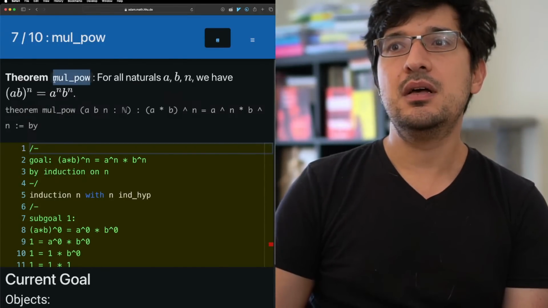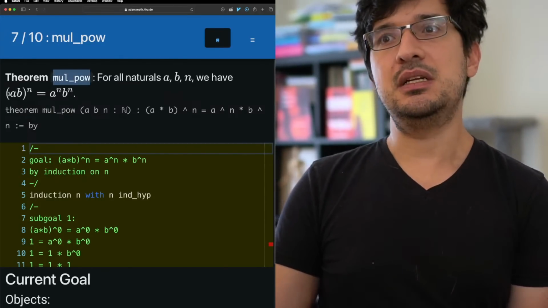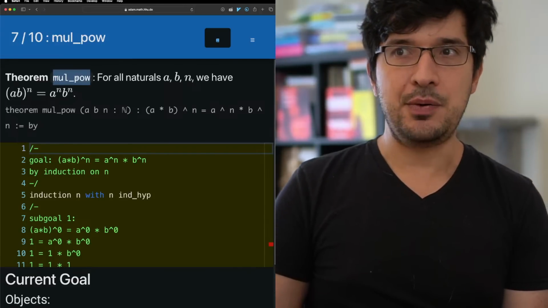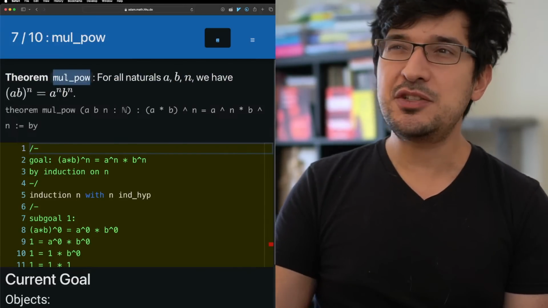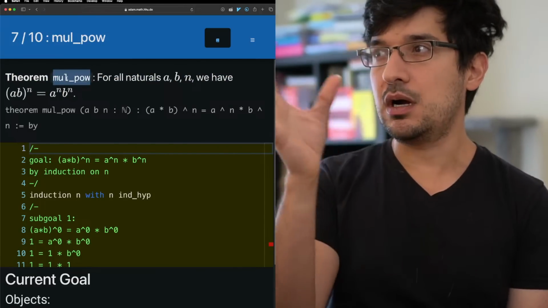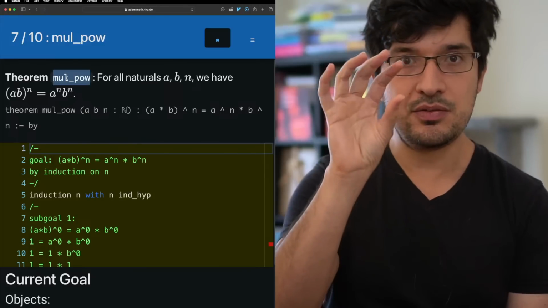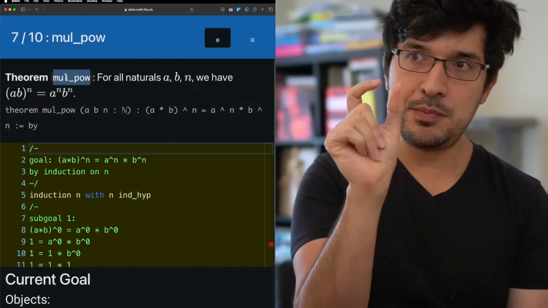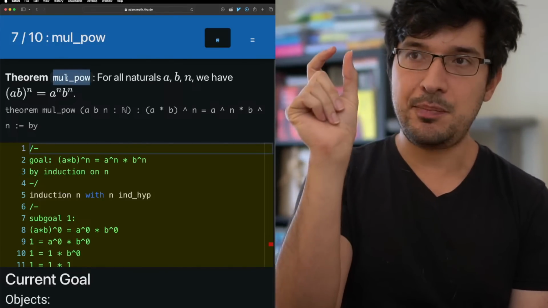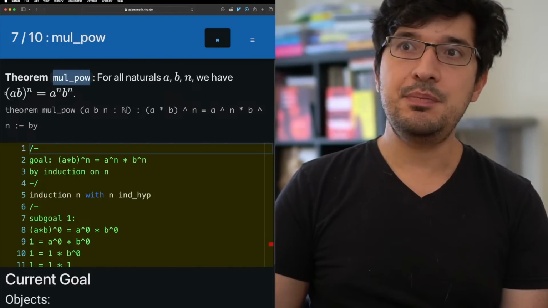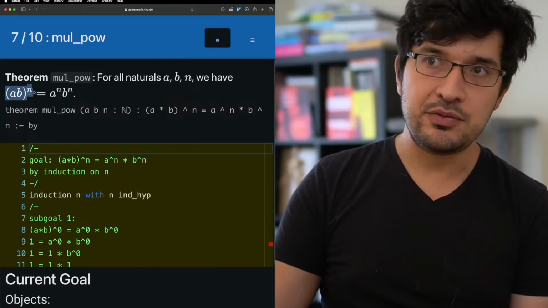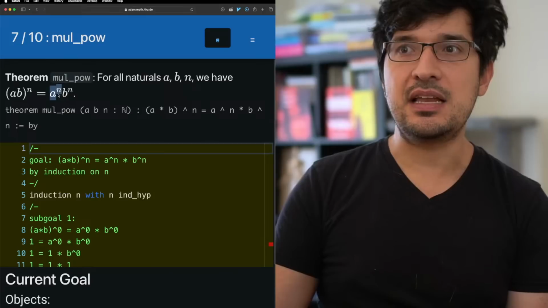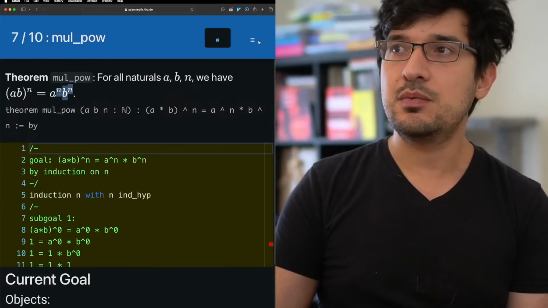Now we've got multiplication raised to a power. So the naming convention is very important. The order of these theorem names is important. First we have a multiplication, then we have a power. So AB quantity raised to the n is a to the n times b to the n. We proved that.